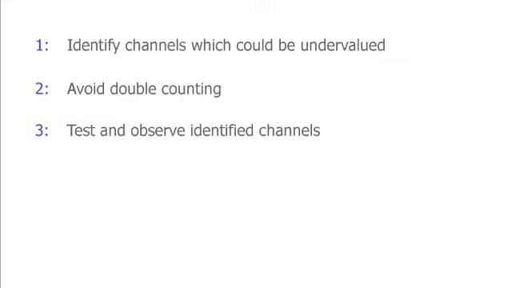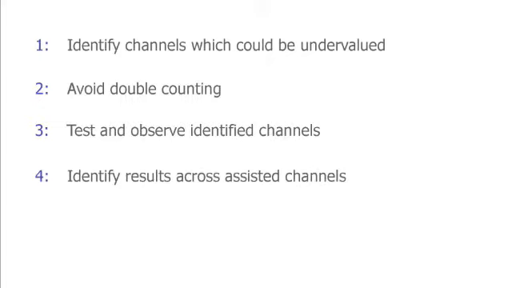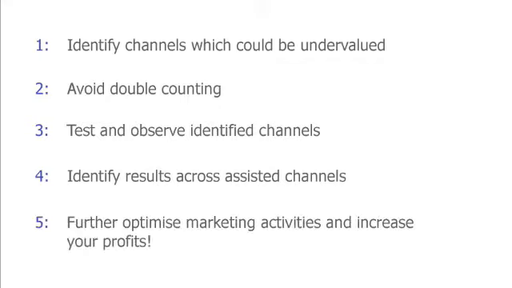Have you been missing opportunities in undervalued channels? Does increased focus on them lead to better results for your money and better results across the other channels that they appear to be assisting? And ultimately, through this process, you should be able to further optimize your marketing activities and increase your profits.